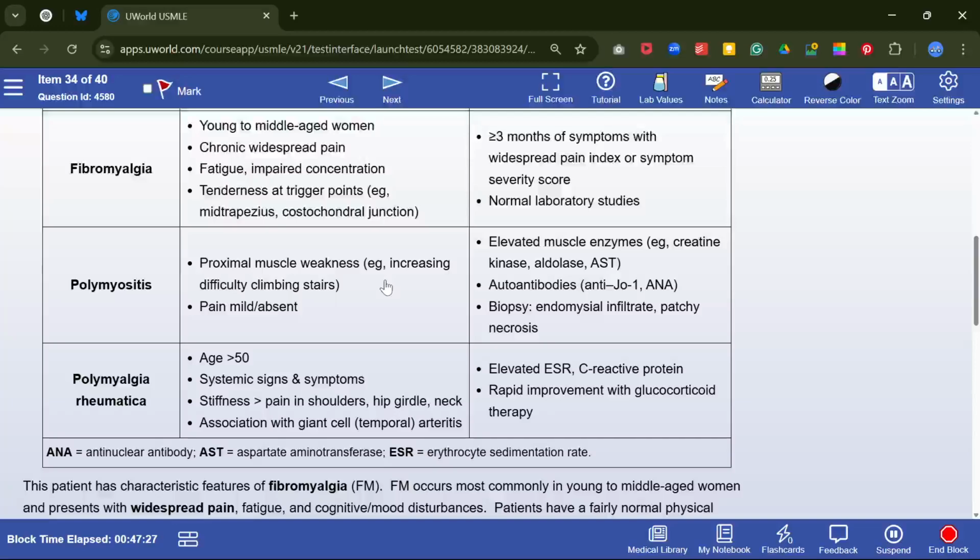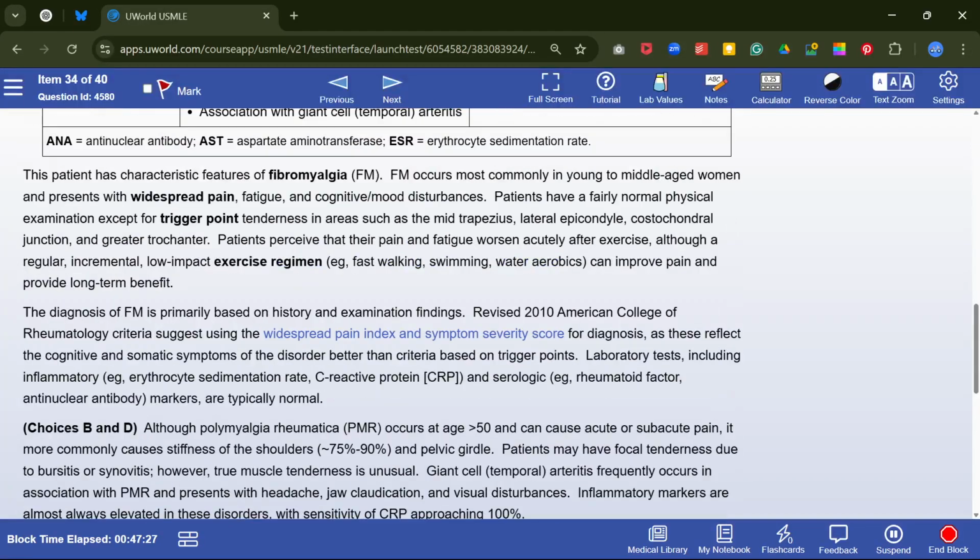Okay. This patient has characteristic features of fibromyalgia. Fibromyalgia occurs most commonly in young to middle-aged women and presents with widespread pain, fatigue, and cognitive and mood disturbance.